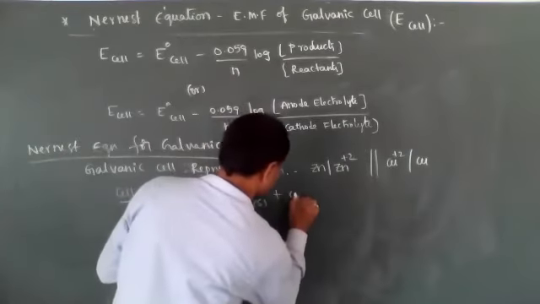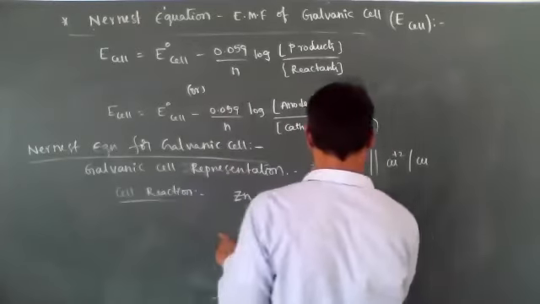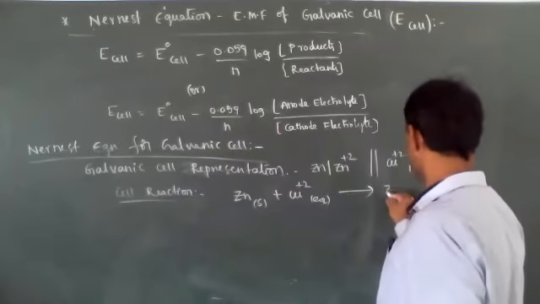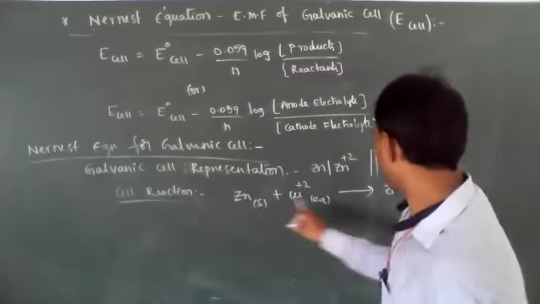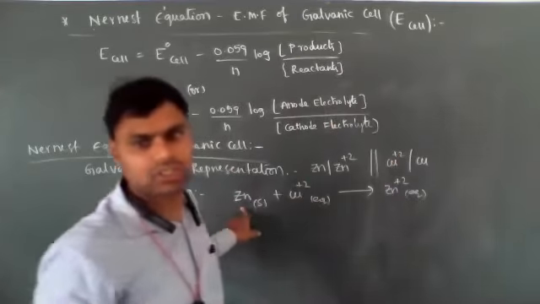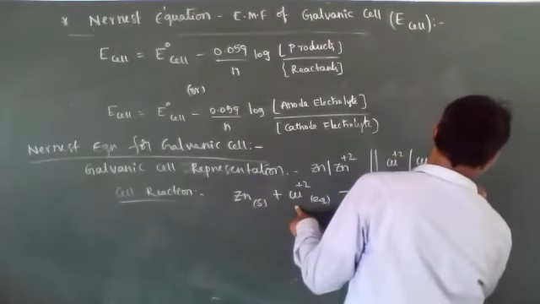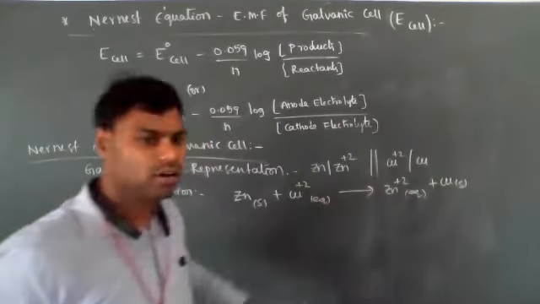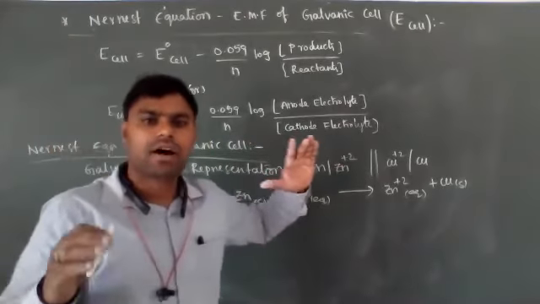Then Cu2+ goes to Cu. This is oxidation: zinc is converted into Zn2+. Copper 2+ is converted into copper. This is reduction.